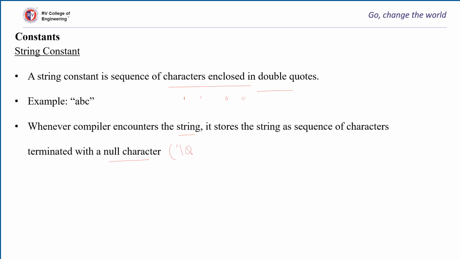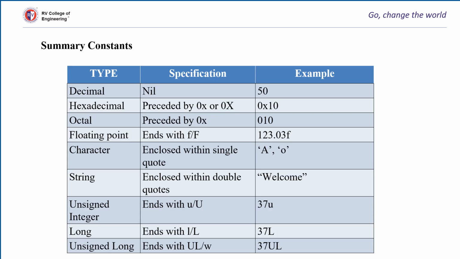Null character is nothing but this. Right? Now as a summary, we have a decimal constant, hexadecimal constant, octal constant, floating point constant, character constant, string constant, unsigned integer constant, long constant, and unsigned long constant.